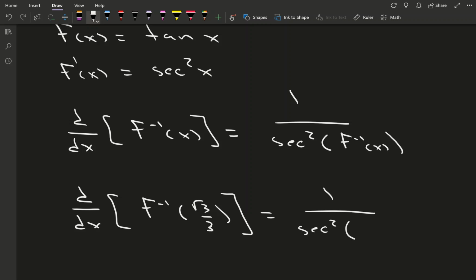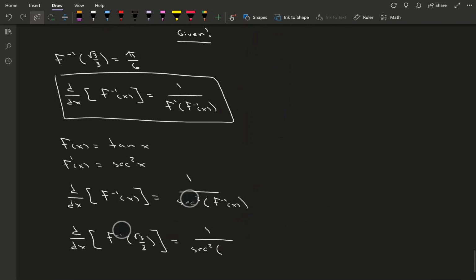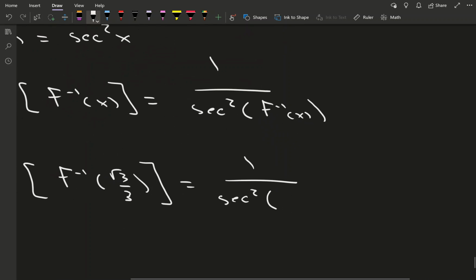Well, I know this whole thing from before, let me help you out here, is equal to pi over 6. So I'm just going to put pi over 6 in here. And then from there you can kind of work it out. So what would that be? That'd really be, secant, so that's 1 over cosine of pi over 6 squared.